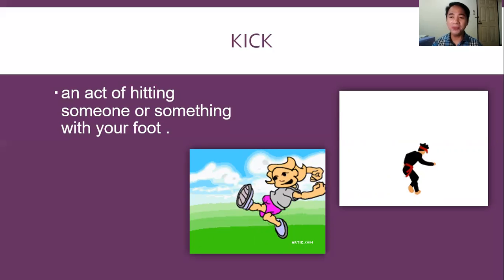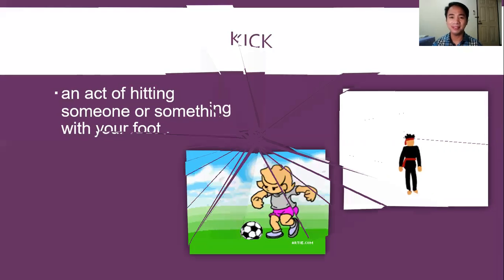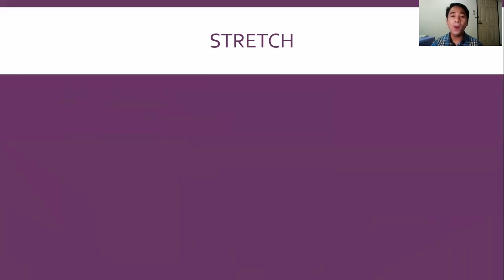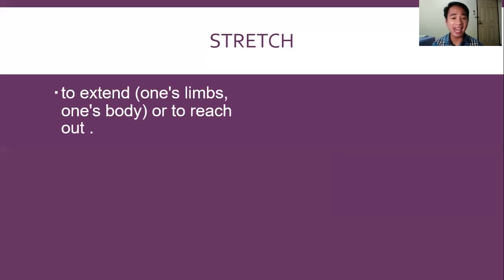Another word. Stretch. What is the meaning of stretch? It is to extend one's limbs or one's body or to reach out.